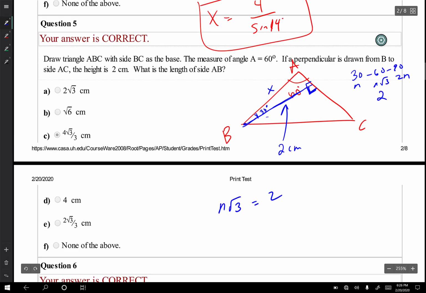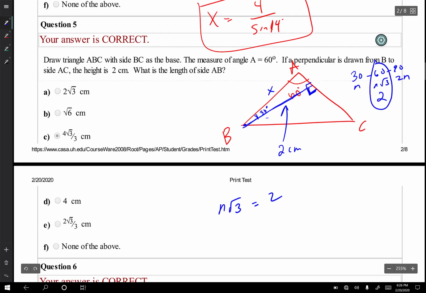And how did I get that expression? From the 60 degrees right there, guys. This side here is n square root of 3, this side here is n, and this side here is 2n. So n square root of 3 equals 2. I'm going to divide by square root of 3, so you get n equals 2 over square root of 3.